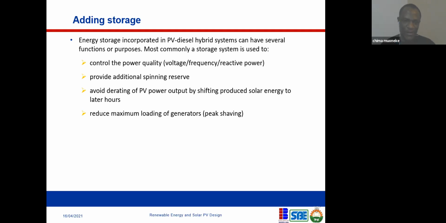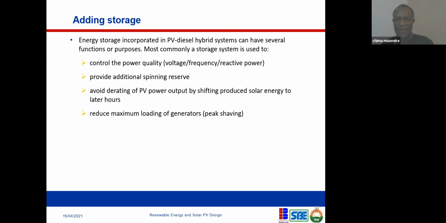You can also use the storage system to reduce maximum loading of a generator. So at some point, when the demand on your generator is at its peak, you can prevent it from reaching its peak demand, or even from overshooting its actual capacity. So these are some of the many reasons why you can have storage added to your designs.